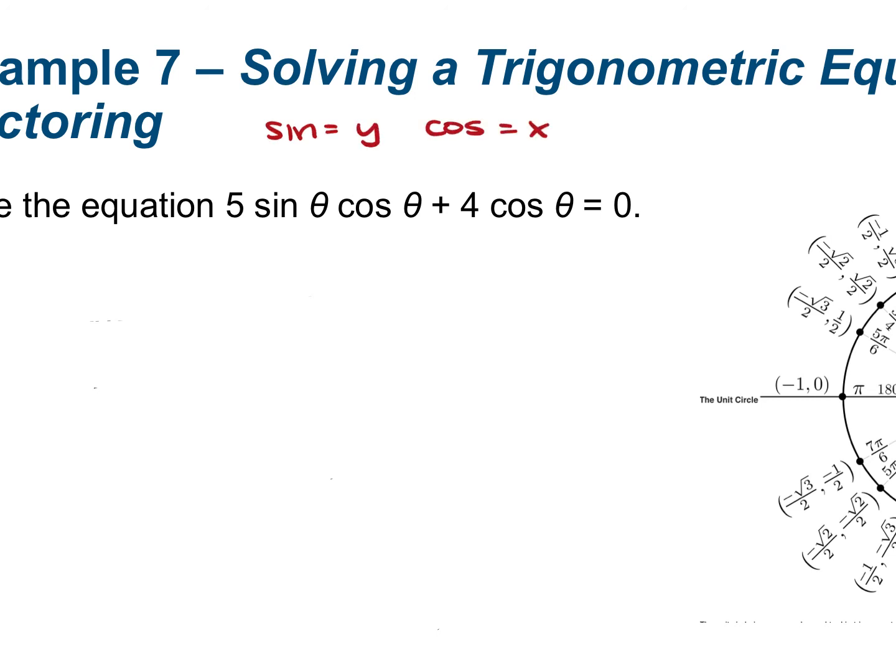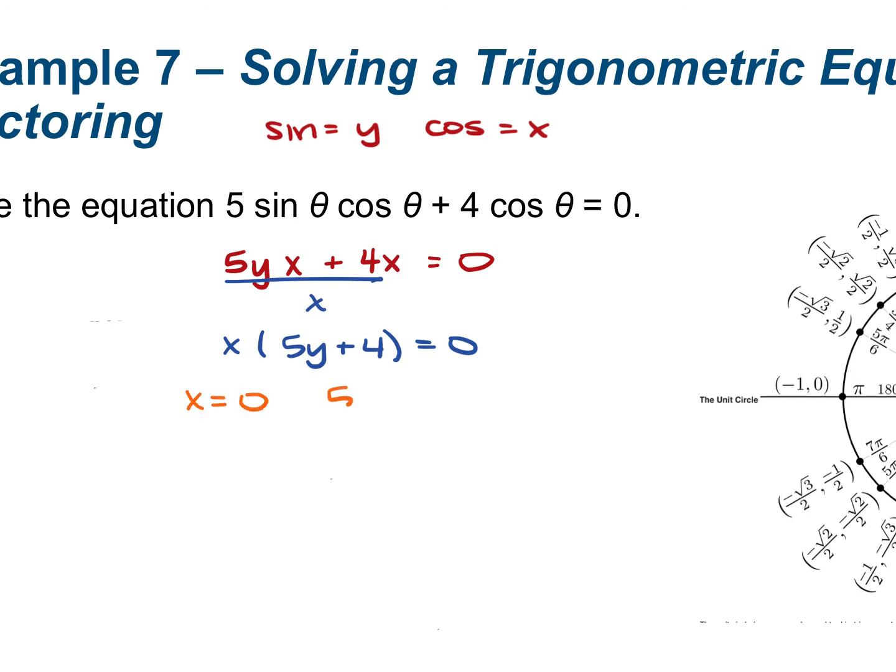This is going to give us 5yx plus 4x is equal to 0. Solve by factoring. Both terms have an x attached to them, so factor out an x. It's going to be x times 5y plus 4 is equal to 0. So this is going to separate to be x is equal to 0 and 5y plus 4 is equal to 0.